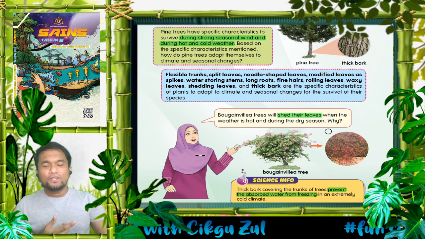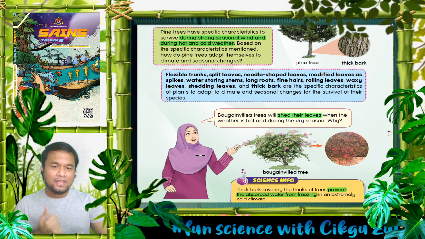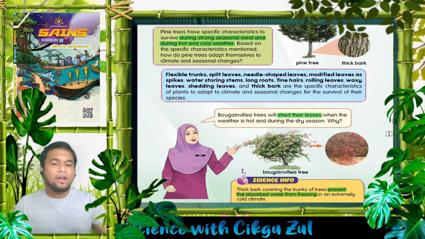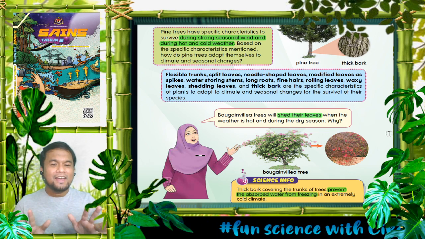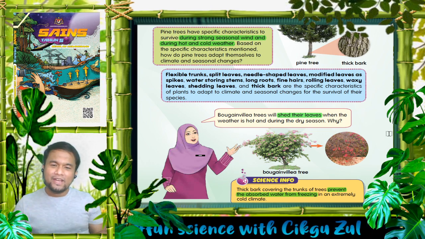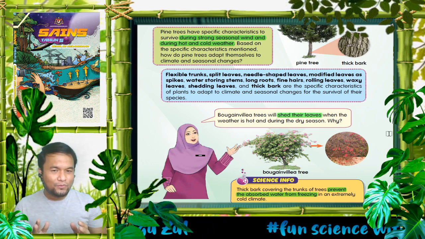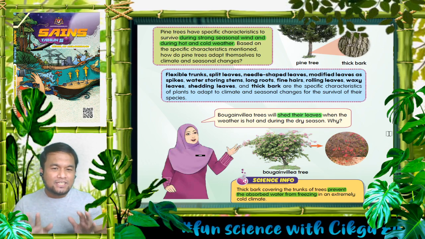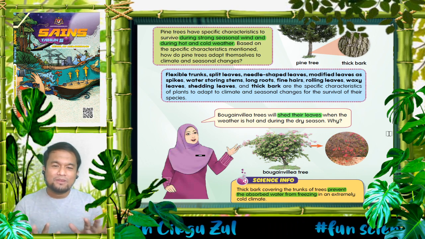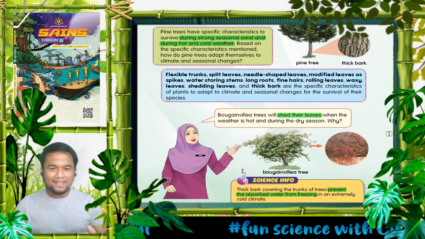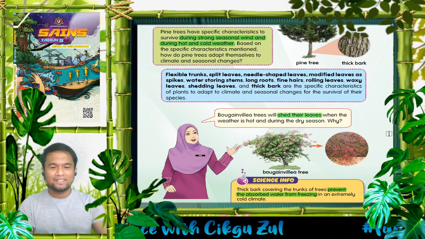We are going to continue on the next lesson with our discussion and our exploration about how do the plant spread their seeds and why do they spread the seeds, or in a more scientific word, we call them as dispersal. Mengapa mereka menyebarkan anak-anak mereka ataupun biji benih mereka, dan bagaimana mereka melakukannya.